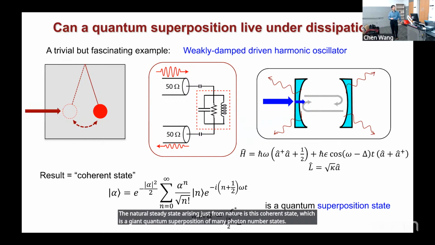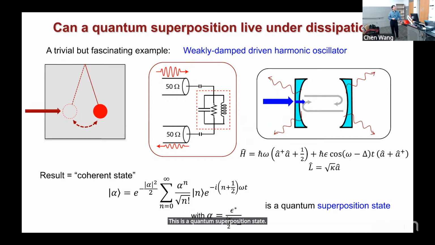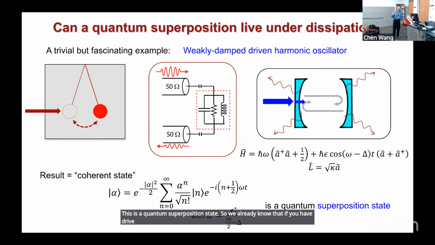This is a quantum superposition state. So we already know that if you have a driven Hamiltonian and you have loss coming from environmental interaction, it doesn't stop your quantum system from behaving quantum mechanically in terms of stabilizing a superposition state.